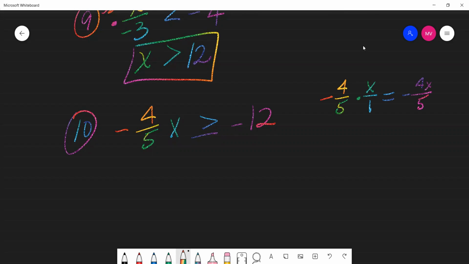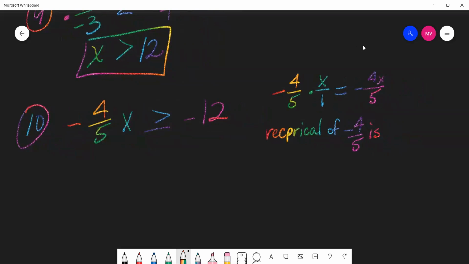But what I'm talking about is the reciprocal. I don't think I spelled it right. Reciprocal of -4/5 is -5/4. You just flip it. All right.